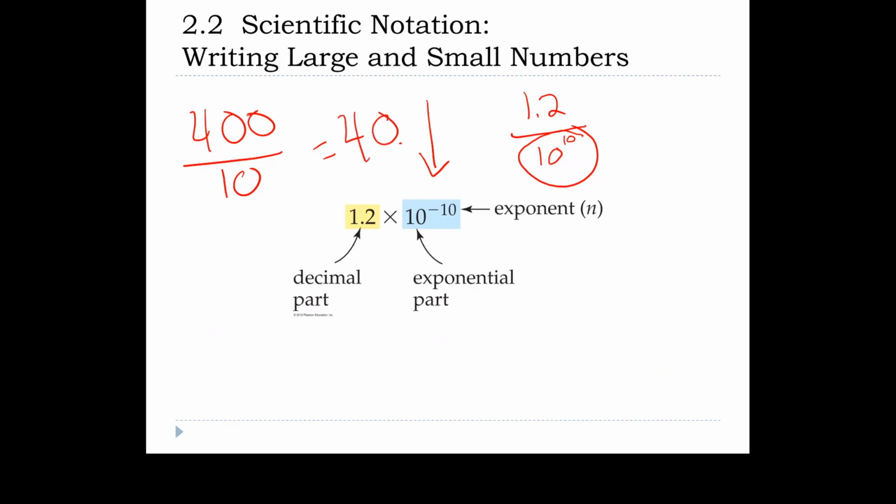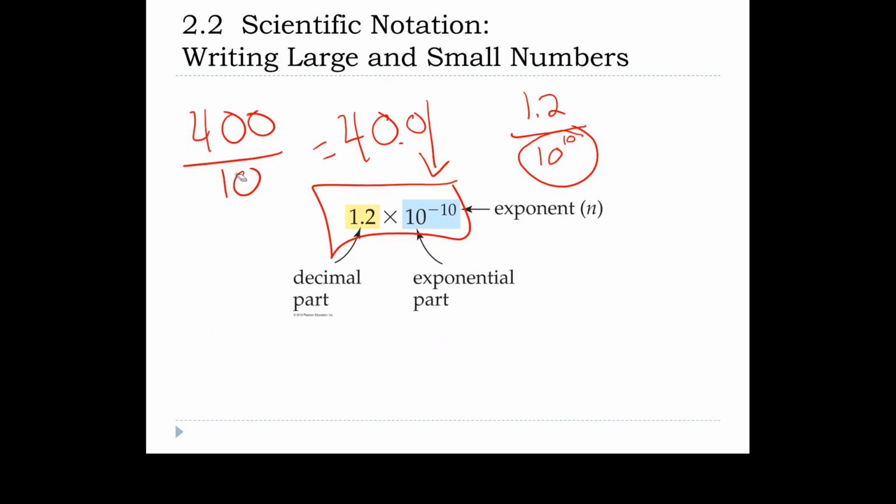So decimal place move to the left or the right? To the left. So what does this notation mean right here? It means take 1.2 and move the decimal place 10 places to the left, and that will be our number, right?